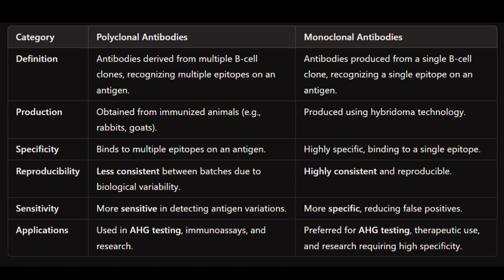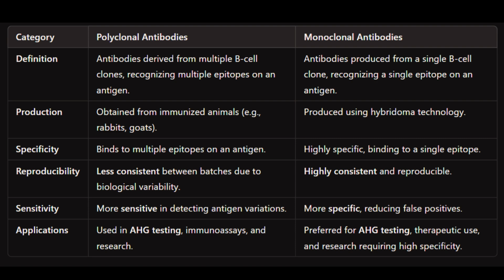So here, let's differentiate polyclonal antibodies from monoclonal antibodies, guys. So for the definition, polyclonal antibodies derive from multiple B cell clones, hence polyclonal. And since they are polyclonal, they can recognize multiple epitopes on an antigen.